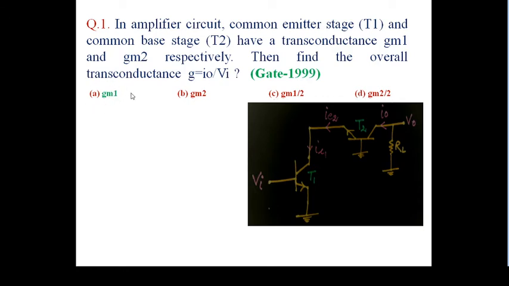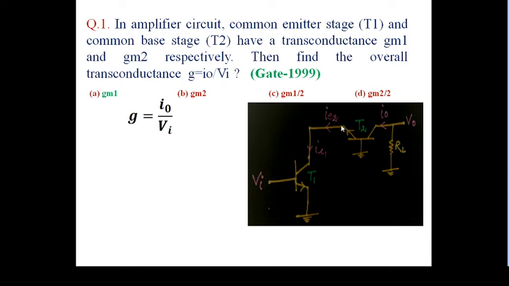So how will GM1 come? I will show you. First, what we have to find is the overall transconductance, so we write G equals I naught by Vi. Now from this figure we can see that the output current, or this collector current, is nearly equal to the emitter current of transistor T2, because base current is very small.